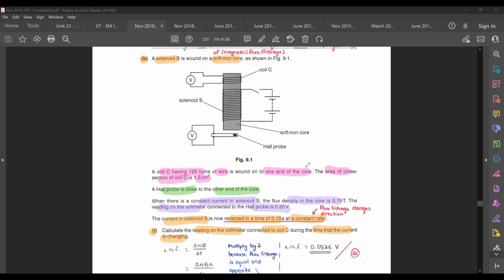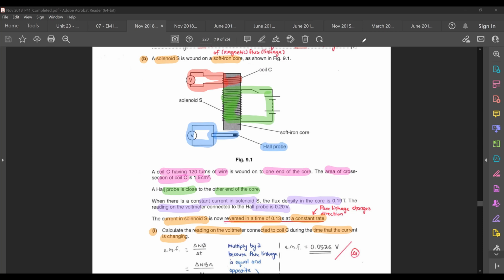So if you look at your question here, you actually have two different coils or solenoids. The first one is your solenoid S here, and then the other one is your coil C here, which is connected to your voltmeter. And then the other end here is your Hall probe.